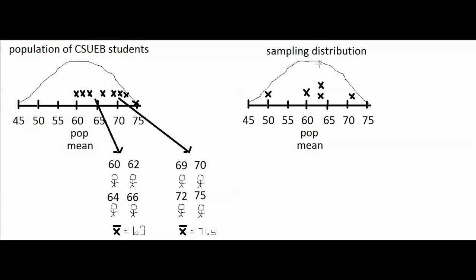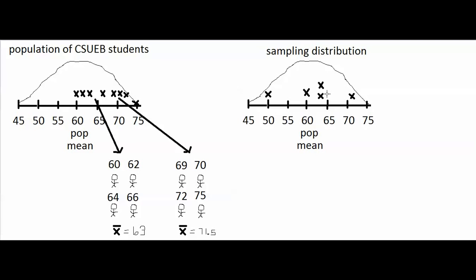So there's a lot of samples in this area right here. And if I selected lots of different samples of 4 people and calculated the mean of each one, fewer of those samples would end up having really low averages. So that's why the tail is shorter here. And also not very many of those samples would have really high averages, which is why the tail is more narrow, or shorter, out here.